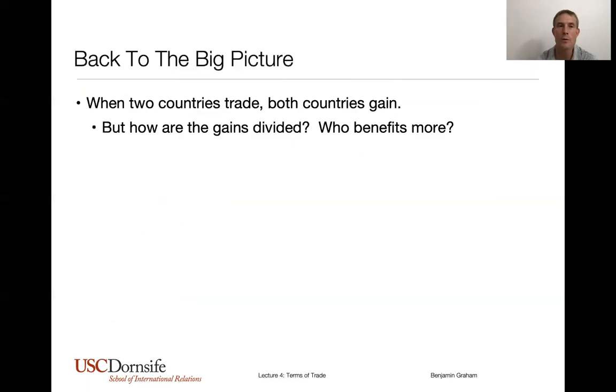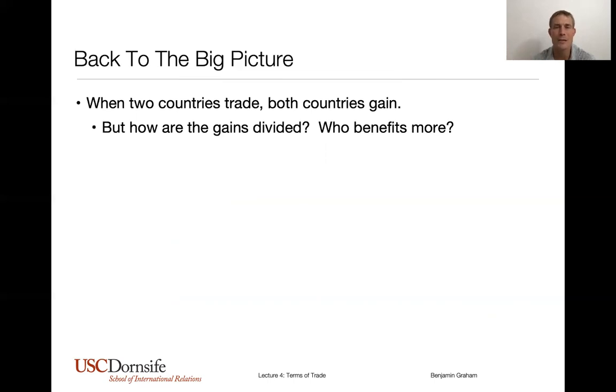Okay, so heading back to the really big picture here, trying to get at whether trade is good for poor countries, how poor countries become wealthy, right? We've come this far on comparative advantage. Comparative advantage is this magic where when two countries trade, both countries can become better off.